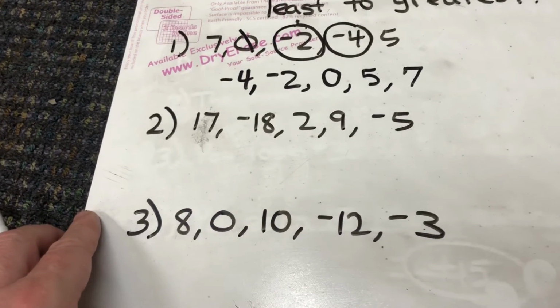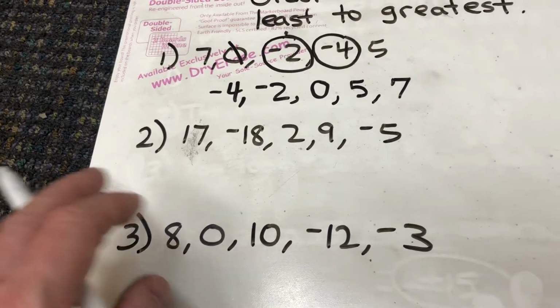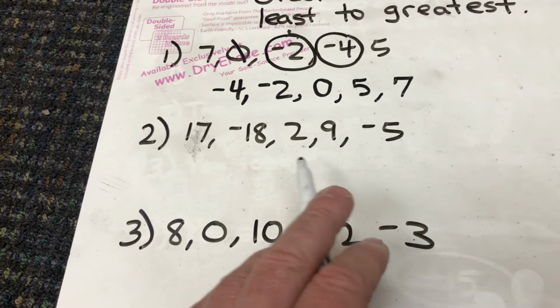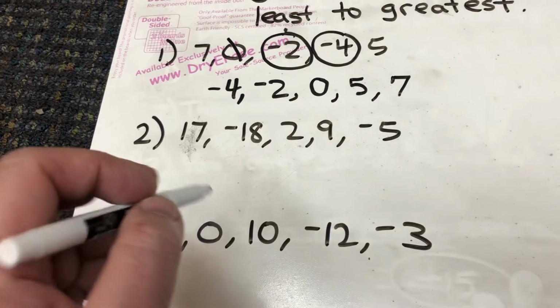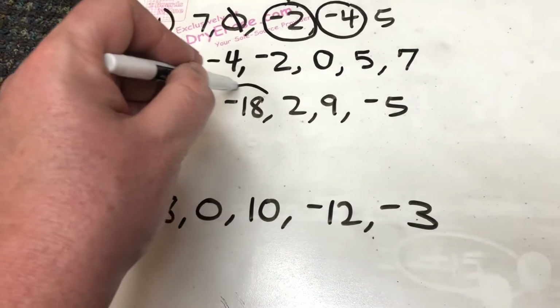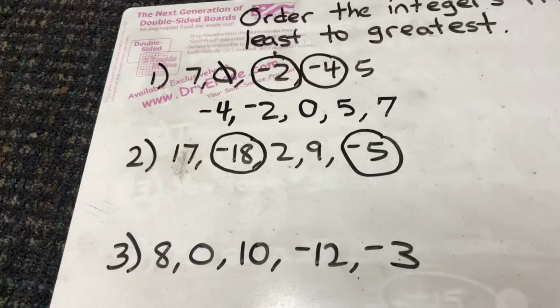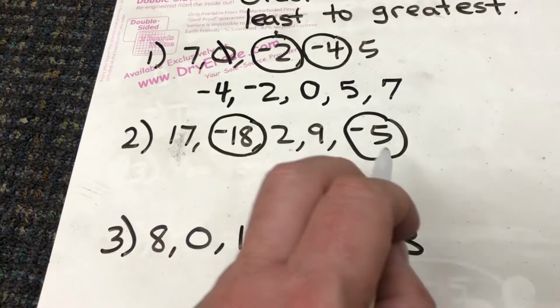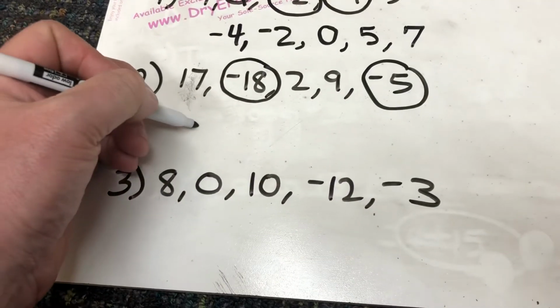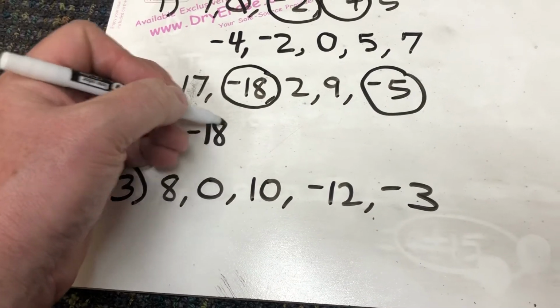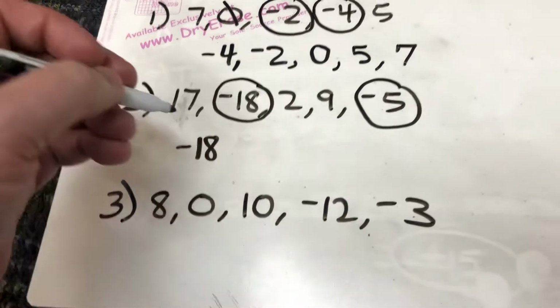So I look at my next one, example number 2. 17, negative 18, 2, 9, negative 5. First of all, I find my negative numbers because I know they're going to be the smallest. Negative 18 and negative 5. Well, I know that 18 is bigger than 5, so I would rather be down 5 because then I have more. So down 18 is the smallest.